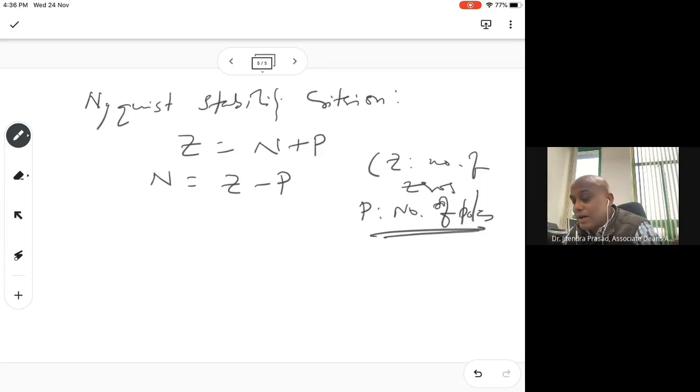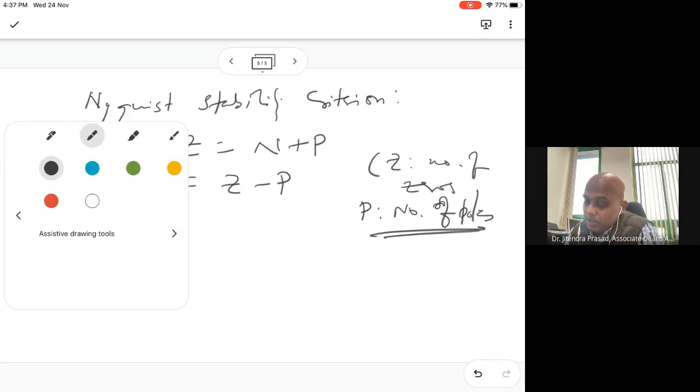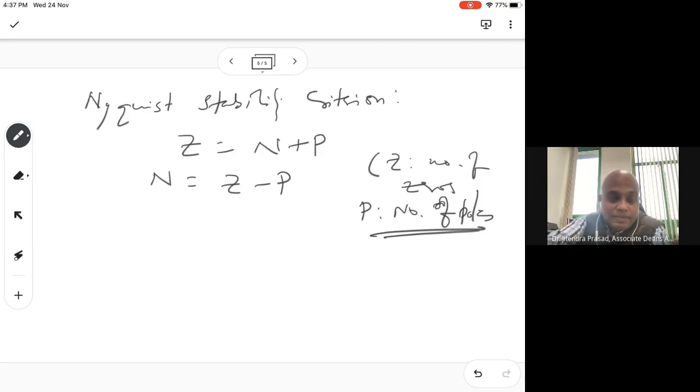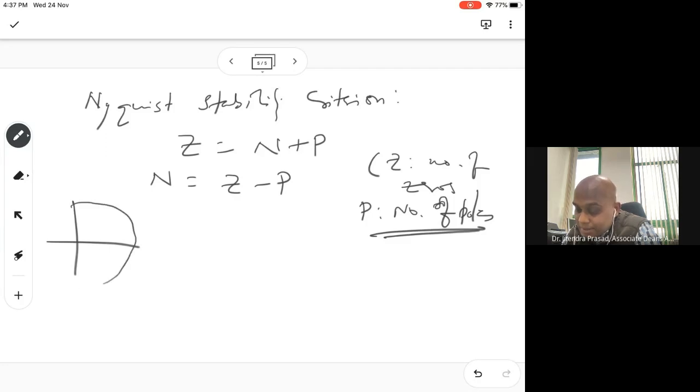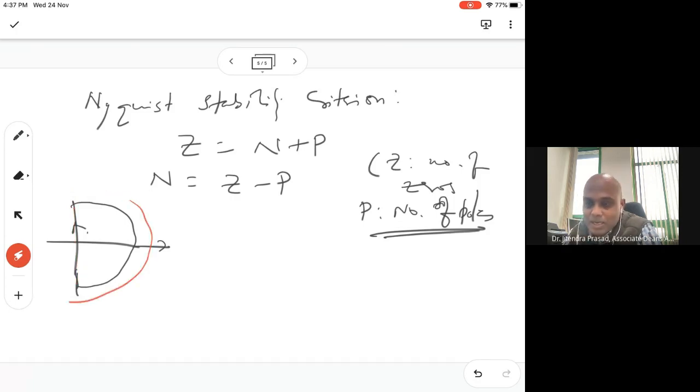So basically, what is the meaning of that? This really means that we are talking about the S plane, which is a semicircular plot basically, with radius infinity.